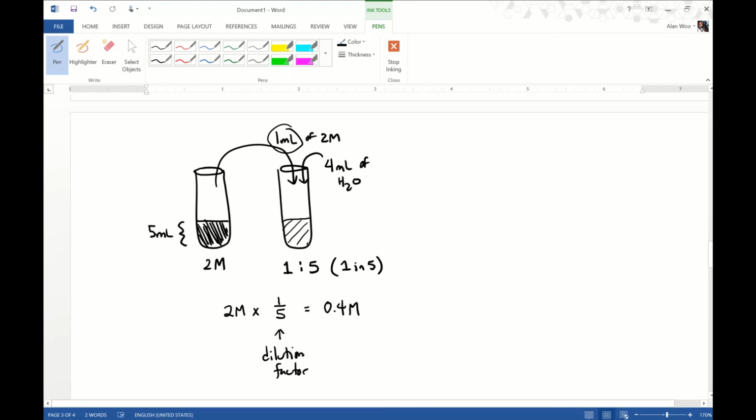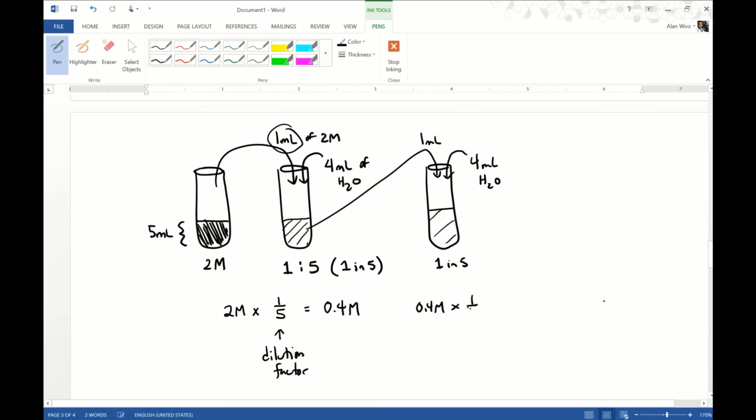If I did that again, I take 1 mil from here, add 4 mils of water. It's another 1 in 5. So now I have 0.4 molarity times another 1 over 5 dilution factor, and that becomes 0.08 molarity.